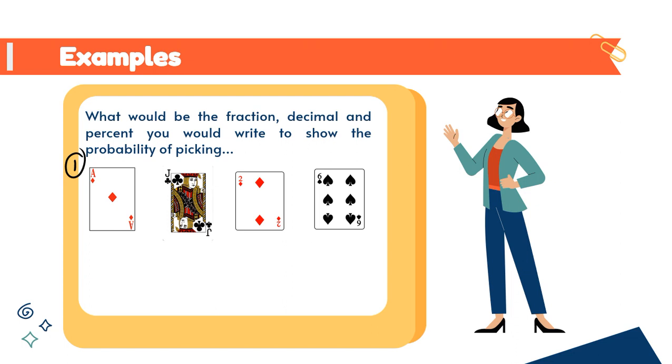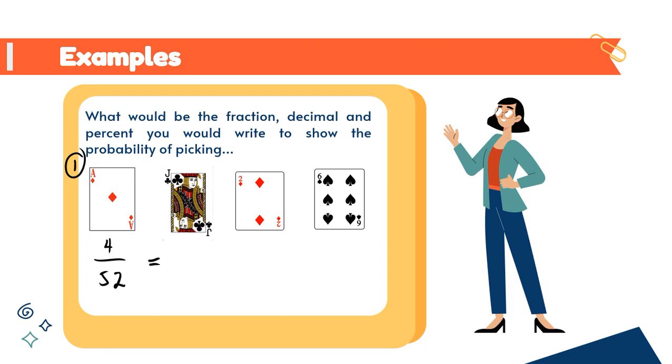Ace. So, how many aces are in our deck of cards? We have ace of diamond, ace of heart, ace of clover, and ace of spade. So, 4. Meaning, 4 aces out of how many in all? 52. And that is your answer for the fraction.